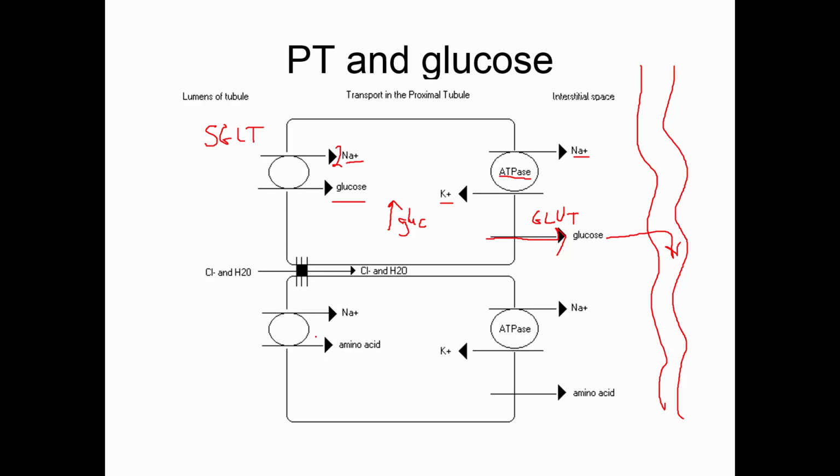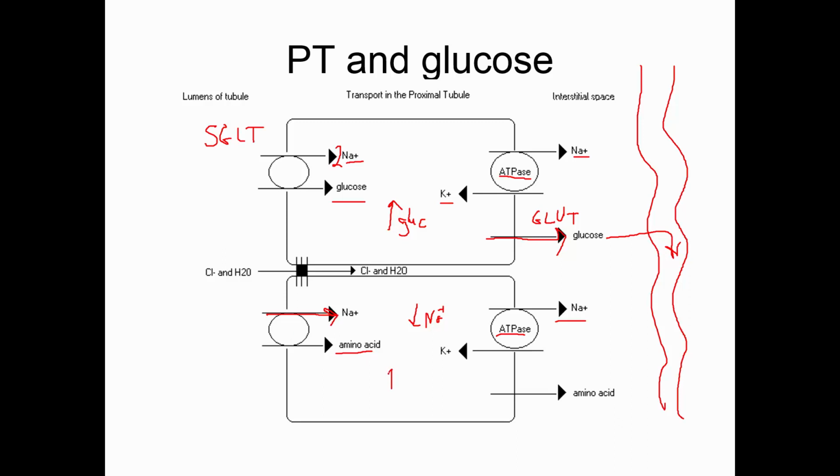Now I have another cell and I have a similar thing going on, only now it's an amino acid. So we use our ATPase to pump out the sodium. We create a sodium gradient. So sodium then can come into the cell along its gradient, drag along an amino acid, and there are classes of transporters for classes of amino acid.